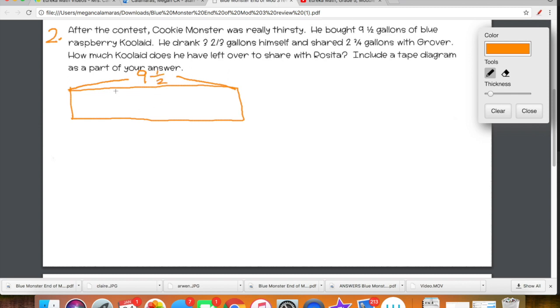And then a couple of things happened to that whole amount of Kool-Aid, and keep in mind this tape diagram is not proportional. So first, he drank 3 2/3 of a gallon, and then he shared 2 3/4 of a gallon with Grover.